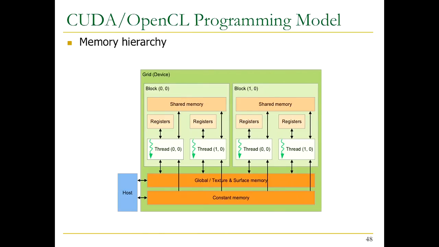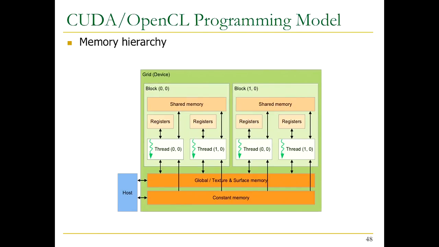This register file is partitioned, so each thread has access to its own registers. And then threads that belong to the same thread block can access the same fast on-chip memory that is called shared memory. It is called shared memory because it is shared among the threads belonging to the same thread block.